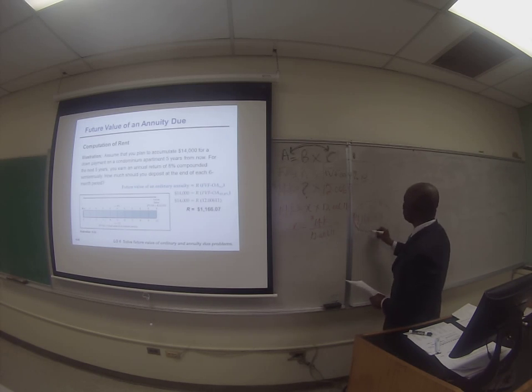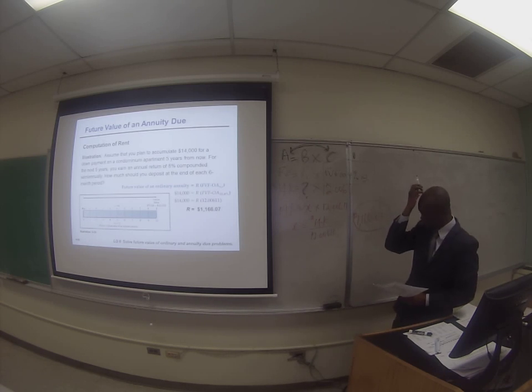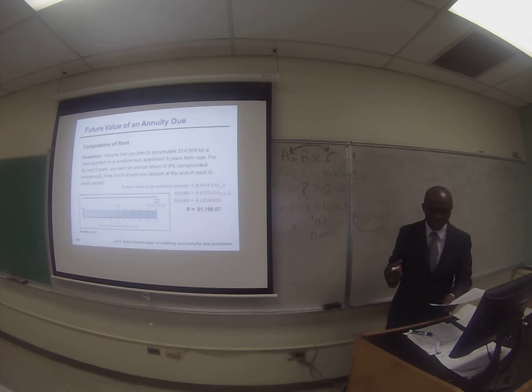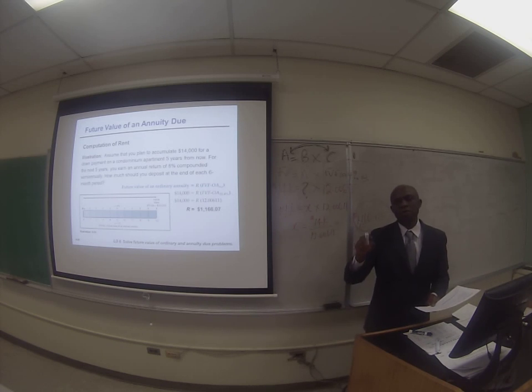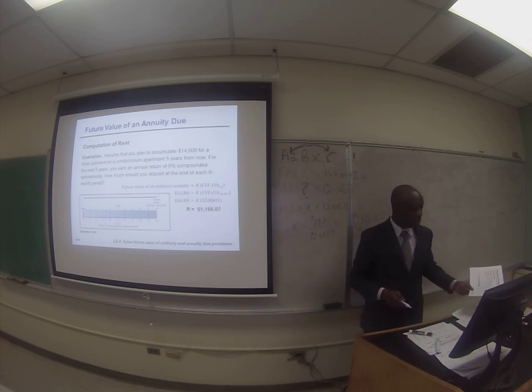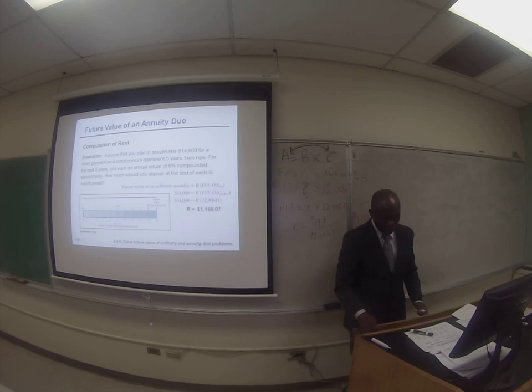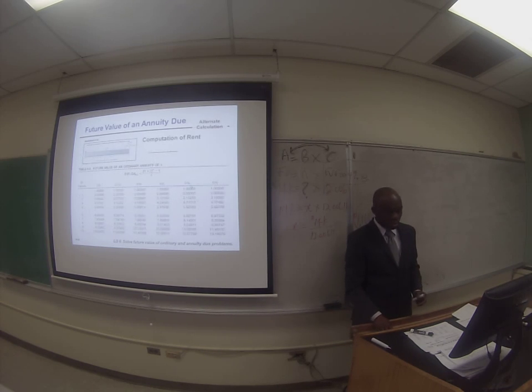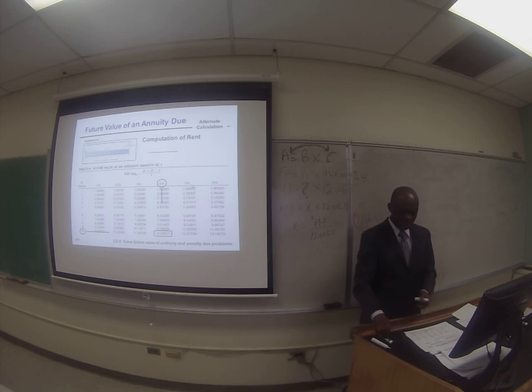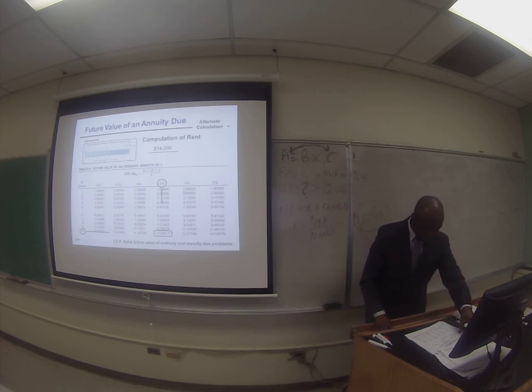So we need to make 1,166.07 every 6 months for the next 5 years to accumulate $14,000. Okay, now here is the table, 4%, 10 periods, every 6 months for 5 years, and that is how we determine the factor.